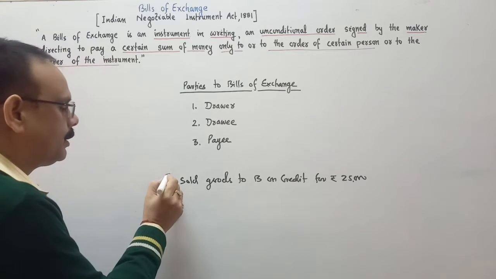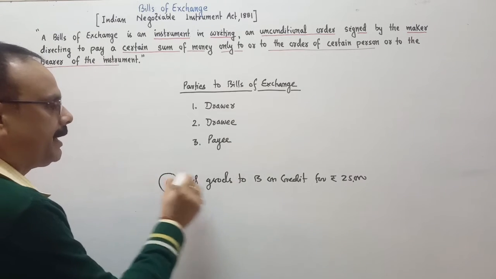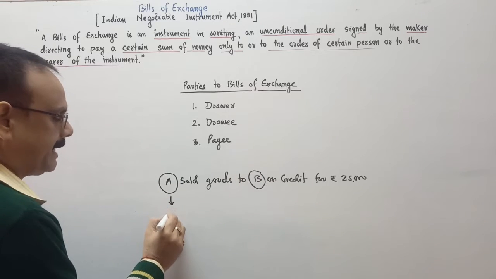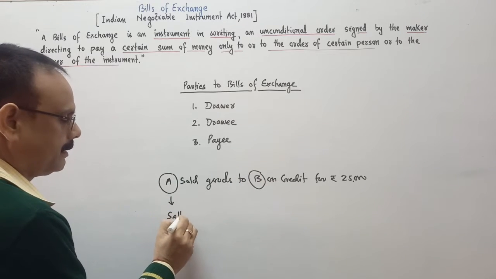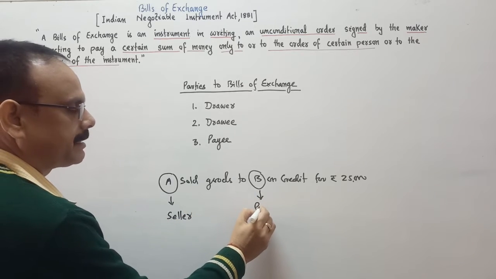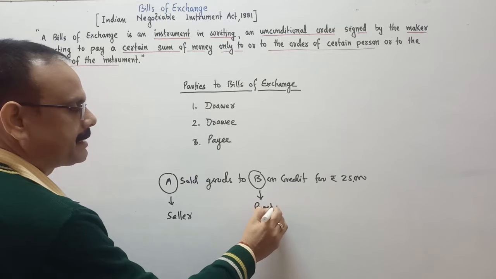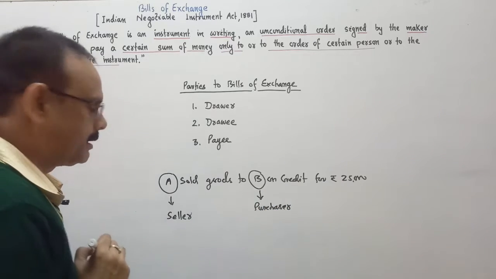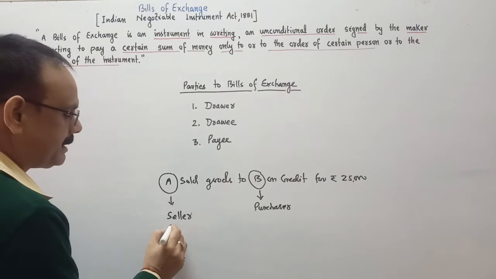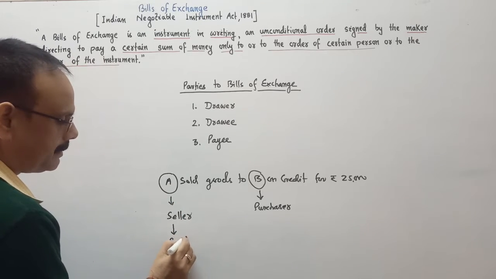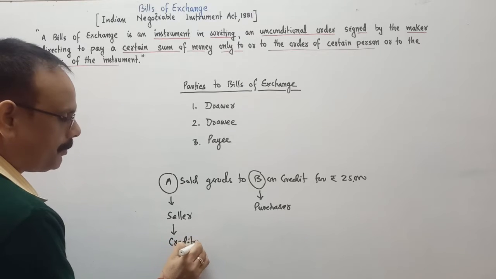So here A is what and B? A is the seller and B is the purchaser. Seller means he is the creditor. Creditor for whom?